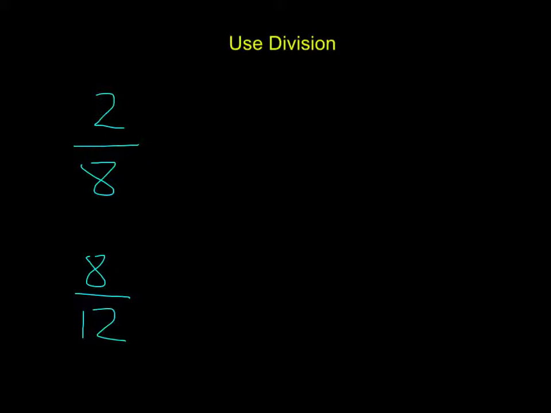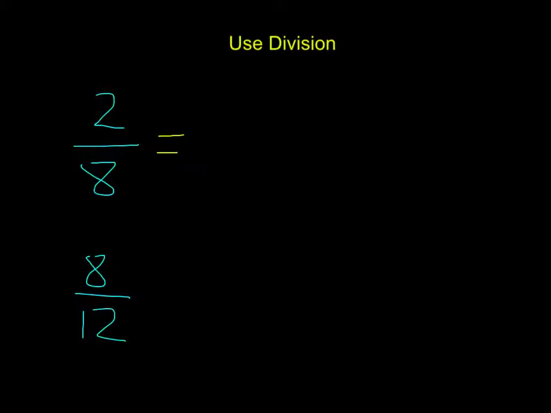Basically, we're making equivalent fractions that are smaller numbers. So, we're going to take our 2/8 and we're going to divide it by 2, because 2 can be divided by 2 evenly and 8 can be divided by 2.